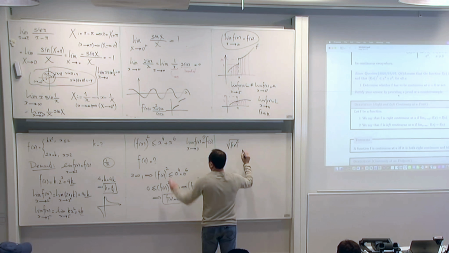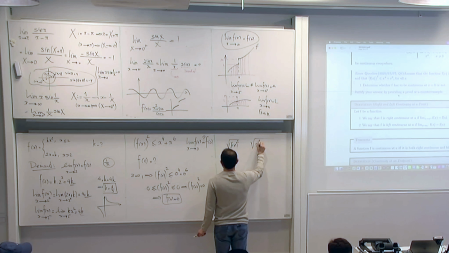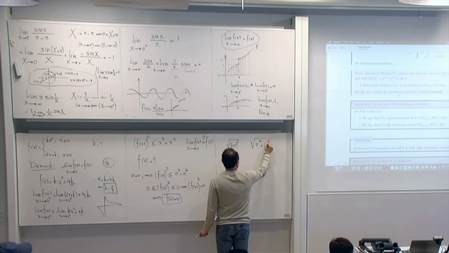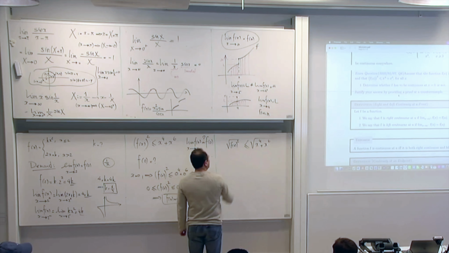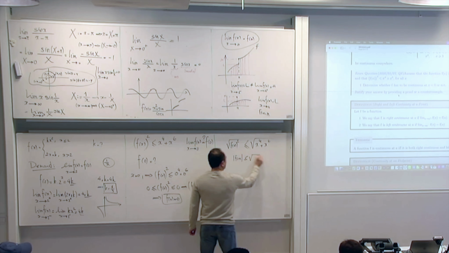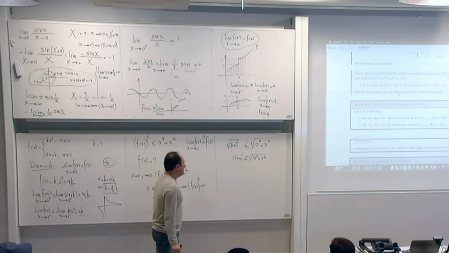By the way, do I have problems taking a square root on the right hand side? No, because x to the 4 is non-negative. So I don't have problems with that. But do you remember what I told you about this? What should I write for this one? The absolute value is less than or equal to this. And then what can I write?